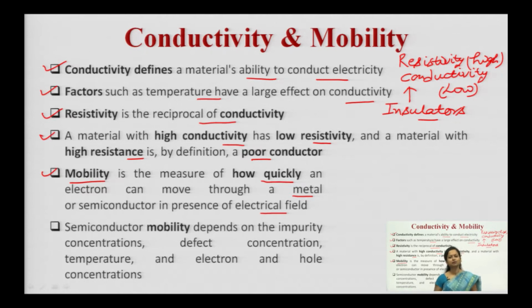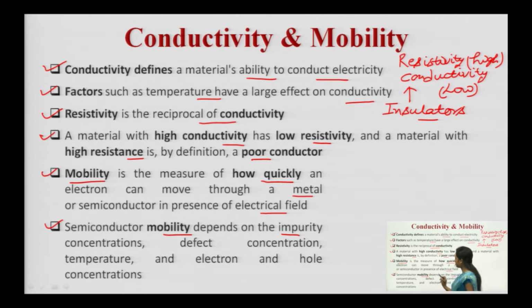When we are talking about the charge carriers within a solid, these charge carriers may be electrons and holes, it means we are talking about how quickly these charge carriers move. Semiconductor mobility depends on the impurity concentration. As I have told you, there are various factors upon which conductivity and mobility depend.